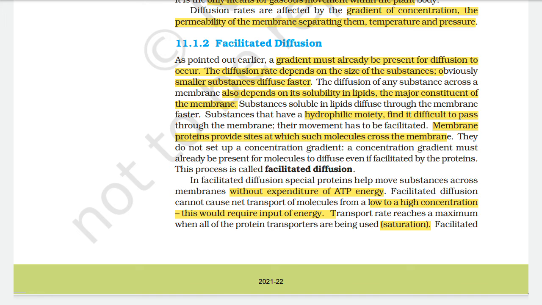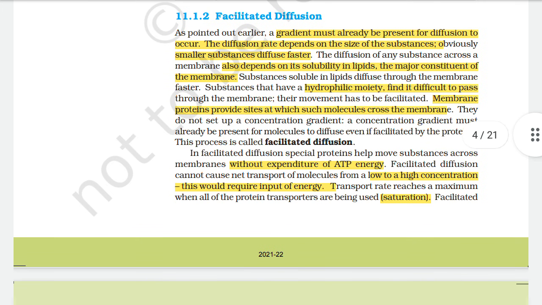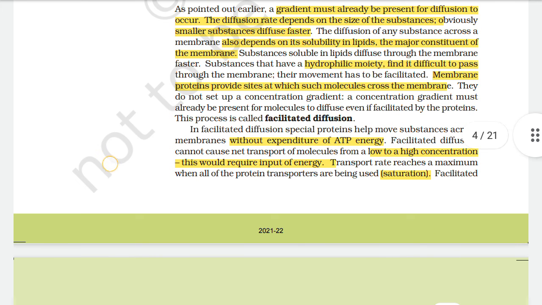Next, facilitated diffusion. It is another means of short distance transport in plants. For facilitated diffusion also, a gradient should be present already, and it also depends on the size of the substance. Smaller substances diffuse faster, of course. Next, solubility in lipids.